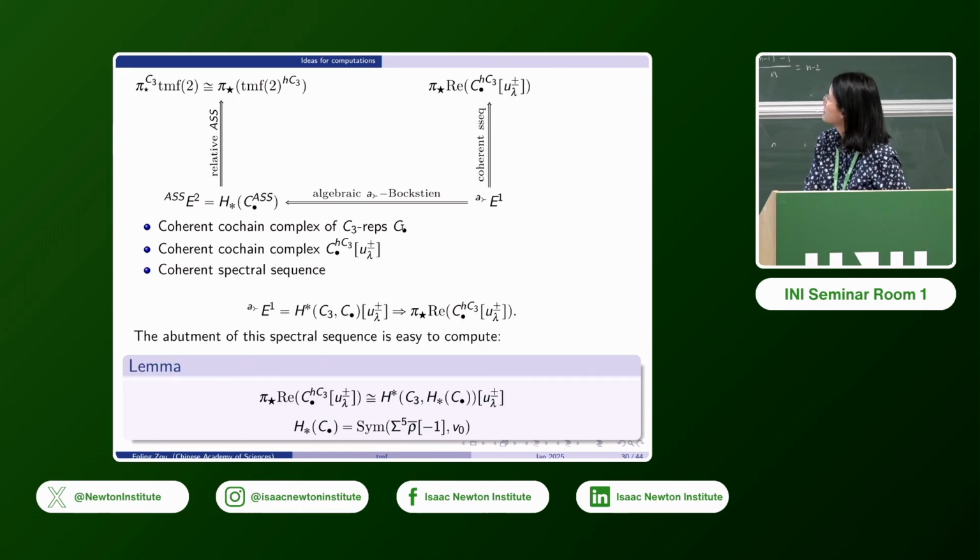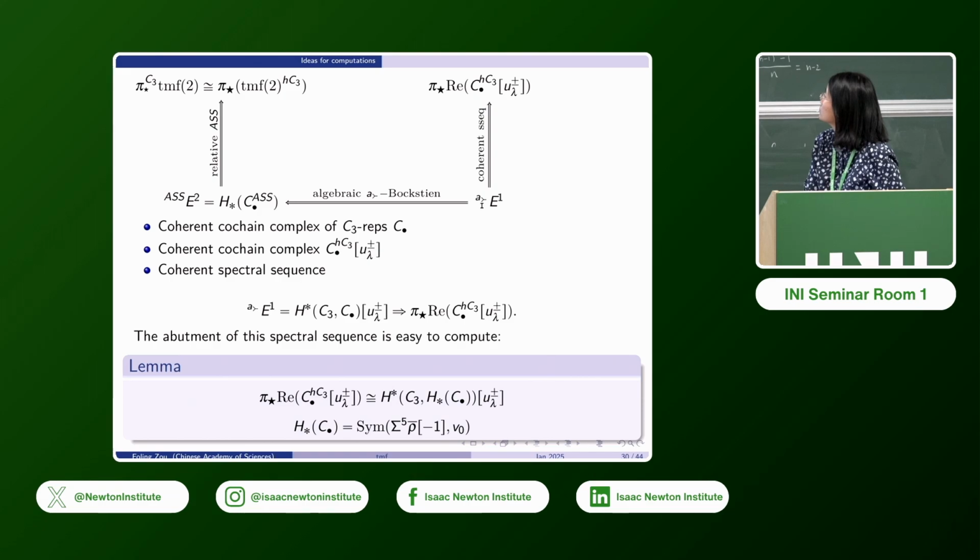Right, so this was the C-bullet I was replacing my Adams resolution with. And we want to compute this thing, its homotopy fixed points. And this is a coherent cochain complex, you can also realize it. And there is this spectral sequence of coherent cochain complexes that converges to the realization. So that's the third spectral sequence, like this.